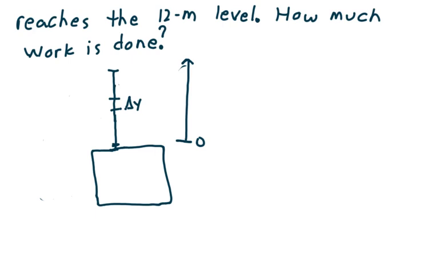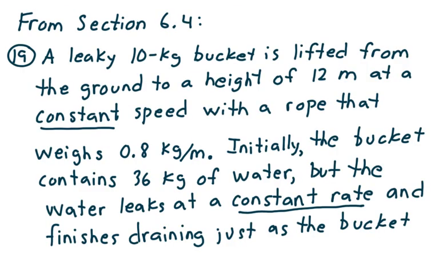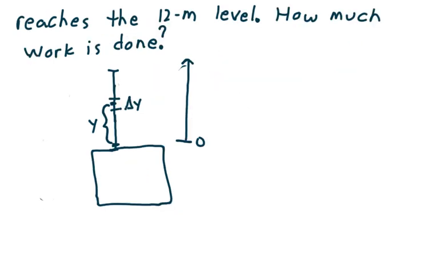Now, the distance from this piece of rope to the 0, we're going to call y. Now, if we look back, it's a 12-meter rope. And so this distance here is 12 minus y.